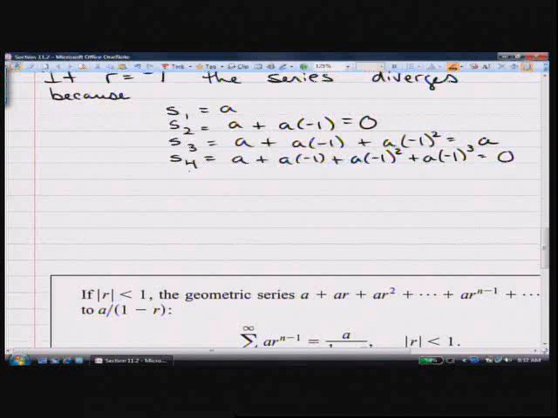And so we would have to say that the series diverges for that reason, because you're bouncing back and forth. You're not getting one particular number that it's closing in on.